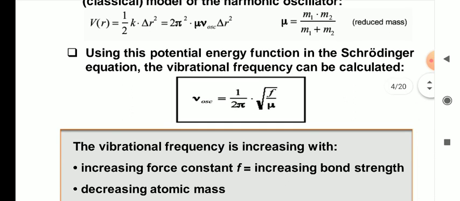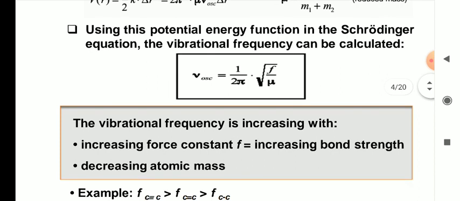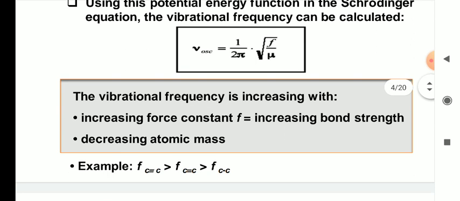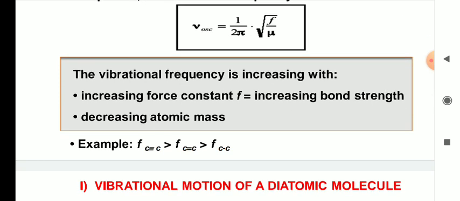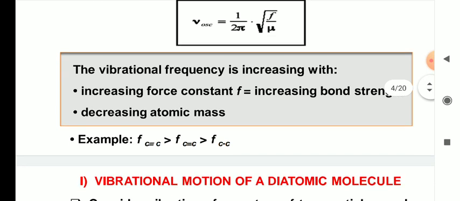Using this potential energy function in the Schrodinger equation, the vibrational frequency can be calculated as follows. That is nu oscillation is equal to 1 by 2 pi into square root of k divided by mu. The vibrational frequency increases with increasing force constant k, that is increasing bond strength, and decreasing atomic mass, that is reduced mass.